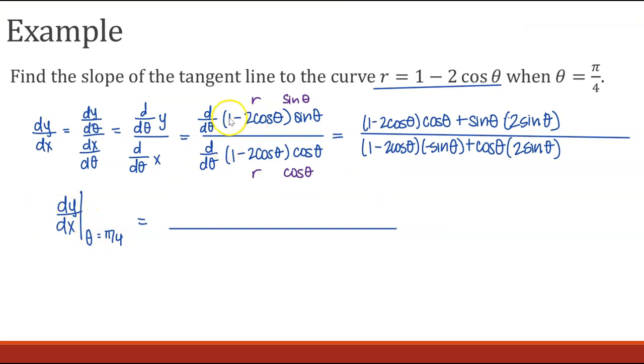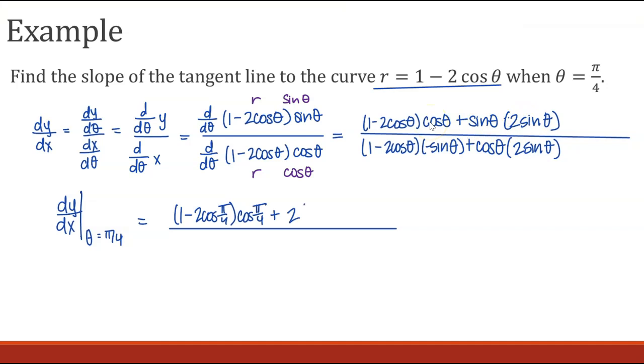We're going to have 1 minus 2 cosine of pi over 4 times cosine of pi over 4 plus, here we might want to simplify because we're just going to get 2 sine squared theta.